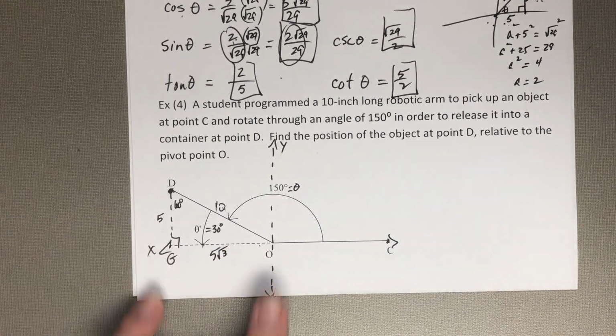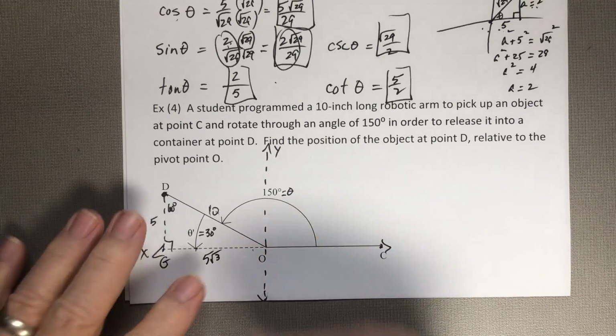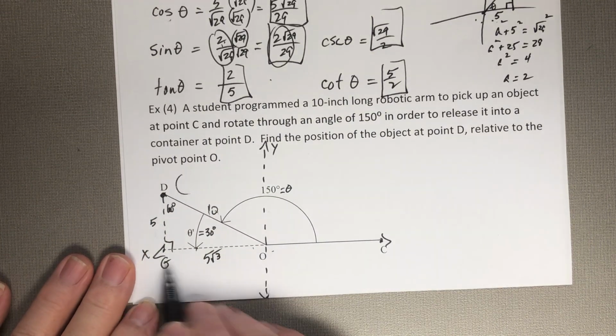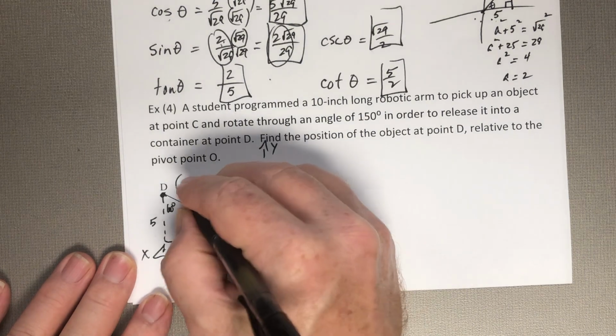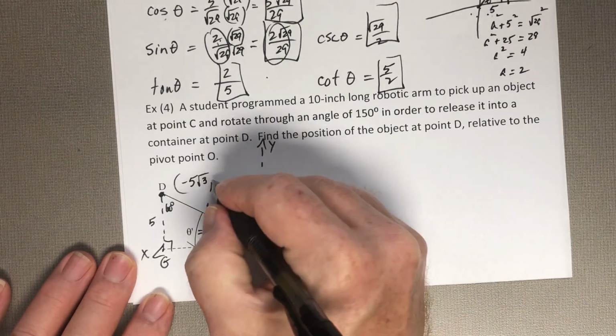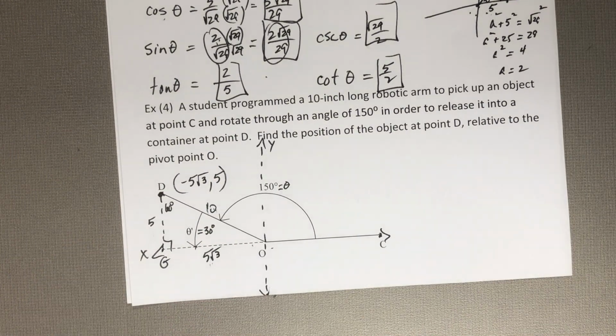So OG would be 5 times the square root of 3. Now I want the coordinates of this point. The point has a negative x-coordinate, which is negative 5 times the square root of 3, and a positive y-coordinate, which is positive 5. And we've got everything we need now.